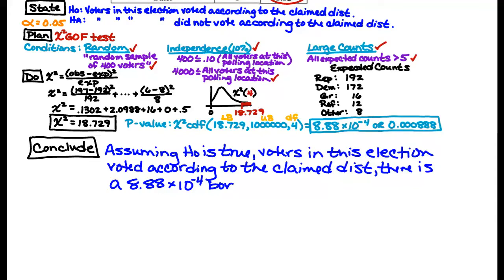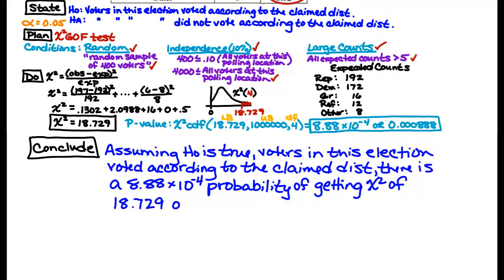Probability of getting chi-square of 18.729 or greater purely by chance.